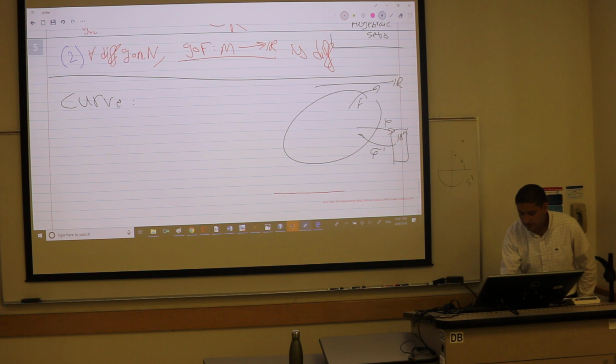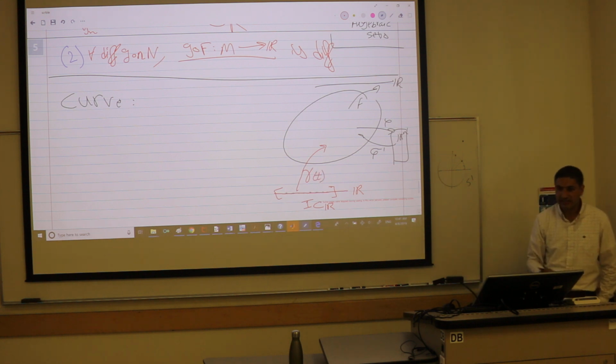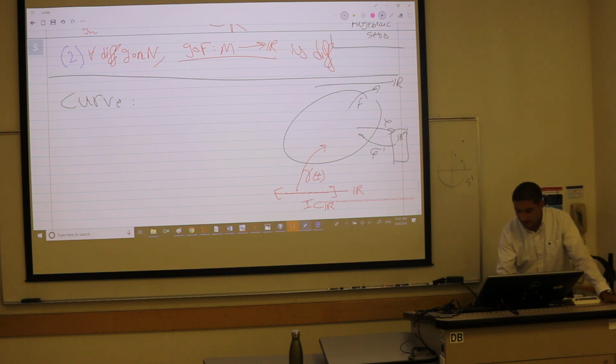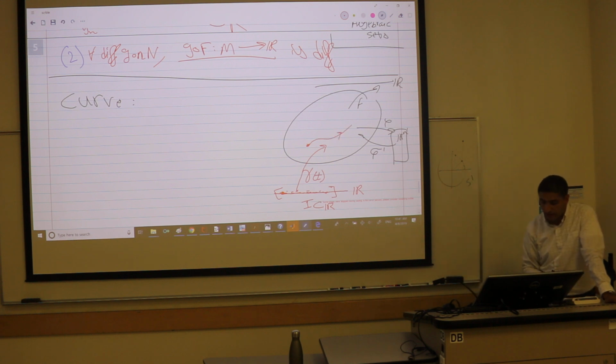A curve takes the real line, typically a closed subset I in R, and maps it to your space, gamma. Typically the variable here in R we denote by little t. You can consider it as time if you like. As t moves, gamma takes a point in the real line and gives you a point on the manifold. And as t moves, the point on the manifold moves, so it looks like a curve. So gamma takes I, which is in R, and gives you a point on the manifold.